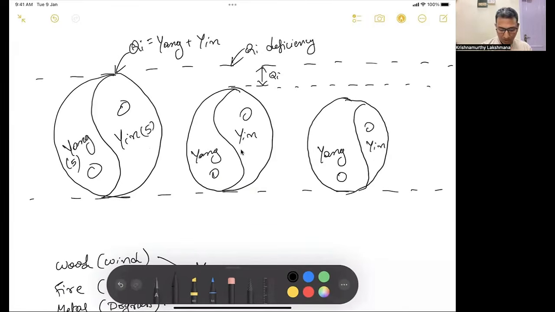Now qi is equal to yang plus yin, so that is 5 plus 5. So qi is equal to 10 in the first case.